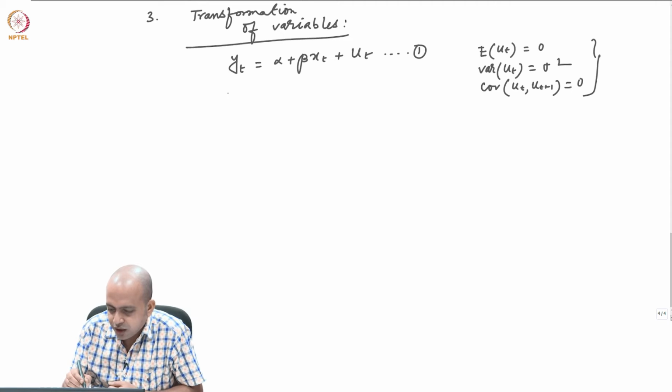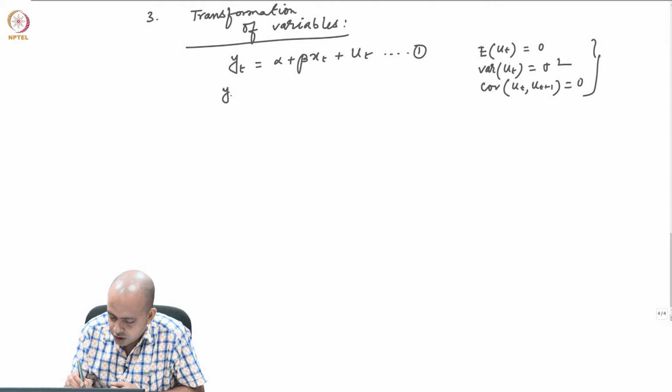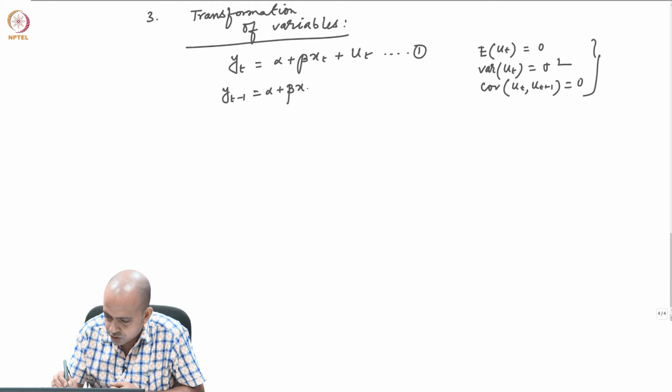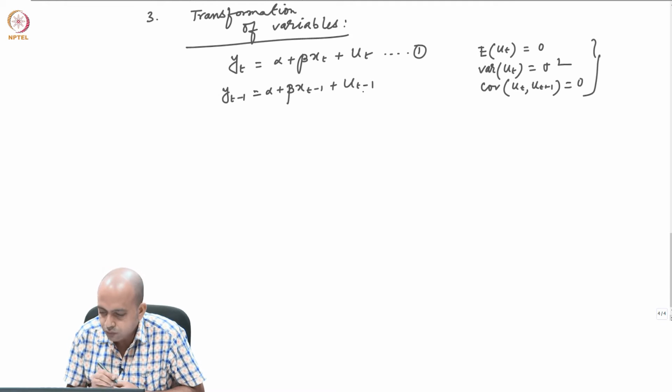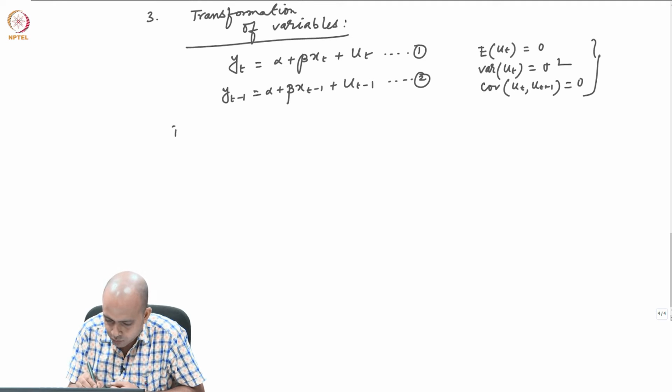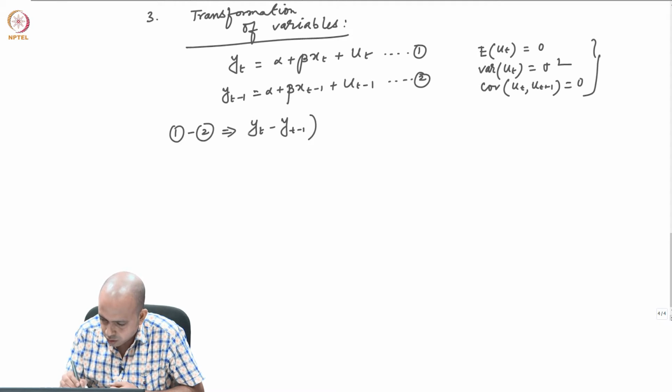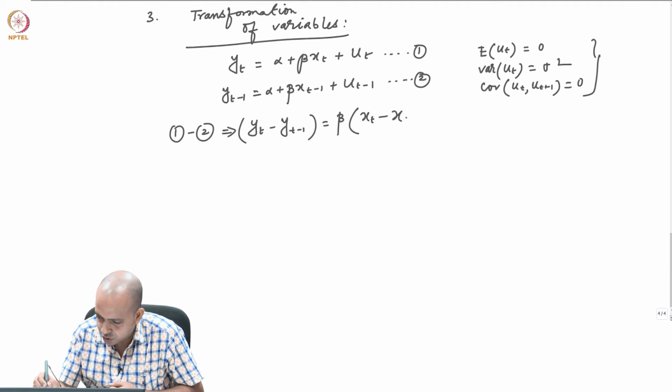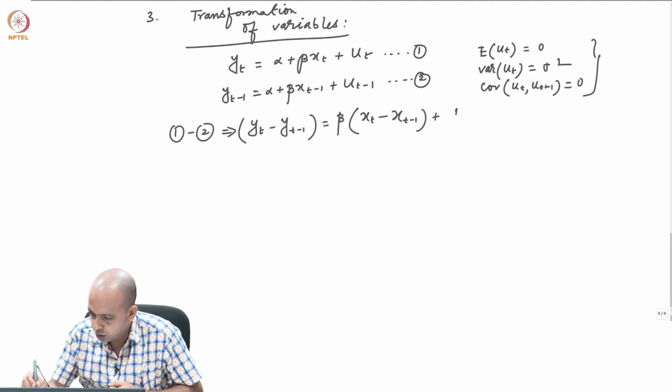Now, if you take y t minus 1 equals to alpha plus beta x t minus 1 plus u t minus 1, and then take the difference between 1 minus 2, we get y t minus y t minus 1 equals to beta times x t minus x t minus 1 plus u t minus u t minus 1.